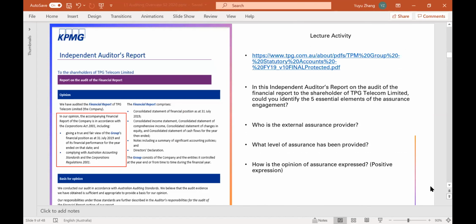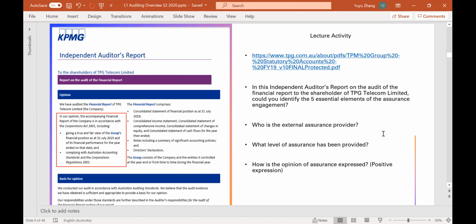Okay, so now we do have a few examples here. The first one is the independent auditor's report over TPG. I chose this example this semester because I just recently heard TPG and Vodafone are going to merge, right? If we are able to see the screen, can you please read the independent auditor's report provided by KPMG to TPG for the year 2019?